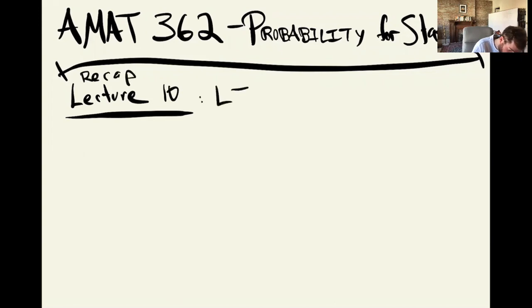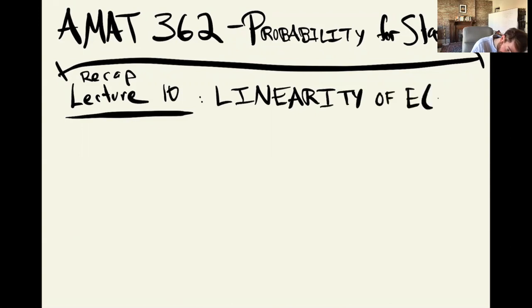So linearity of expectation. This says that, first of all, not only is there a notion of a sum of two random variables, but I can also do things like scale each of the random variables.